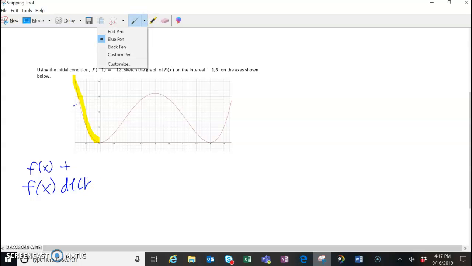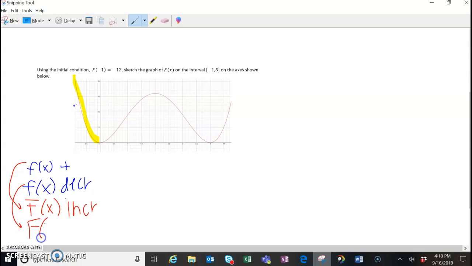If you can get kids to verbally describe what's happening on that highlighted piece, then the extra step is to make conclusions about what those indicators tell us about big F. If f of x is positive, then the antiderivative is increasing. Similarly, if f of x is decreasing, then the antiderivative has to be concave down.